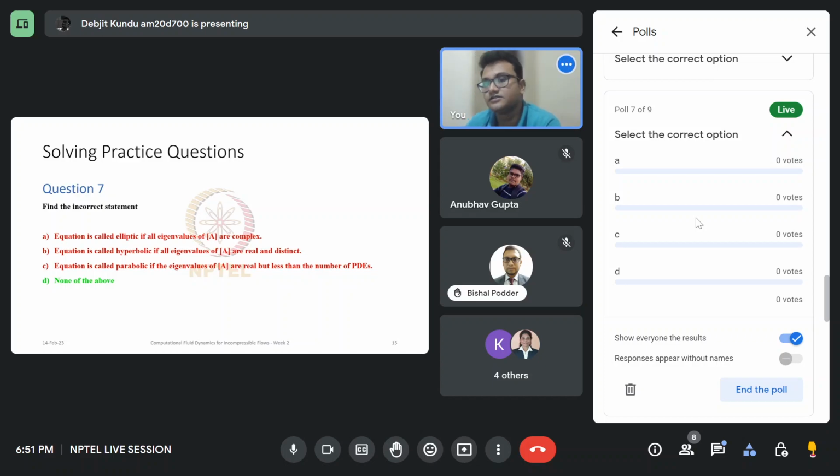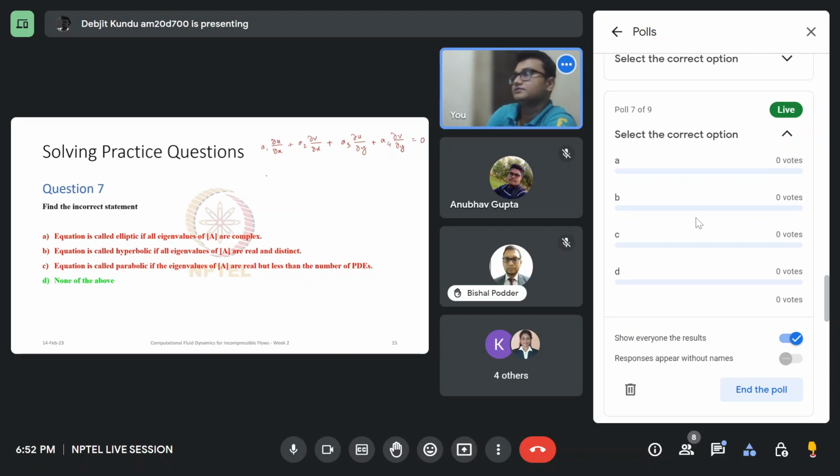Let's have a look at the correct answer, and it is indeed option D, as many of you correctly said. So let's say we have a set of PDEs: a1 ∂u/∂x plus a2 ∂v/∂x plus a3 ∂u/∂y plus a4 ∂v/∂y equal to f1.